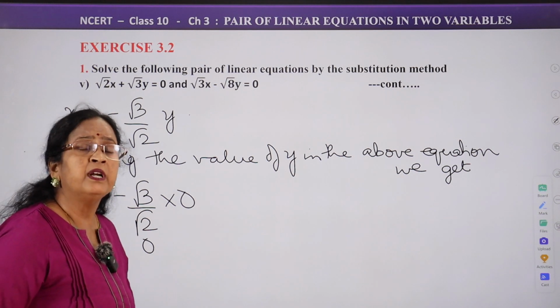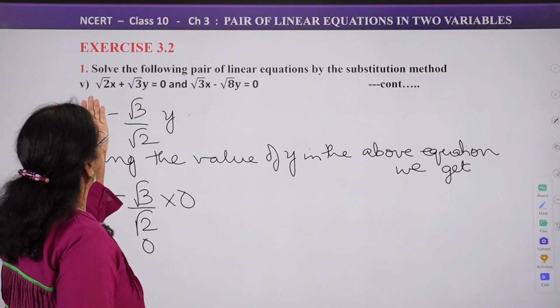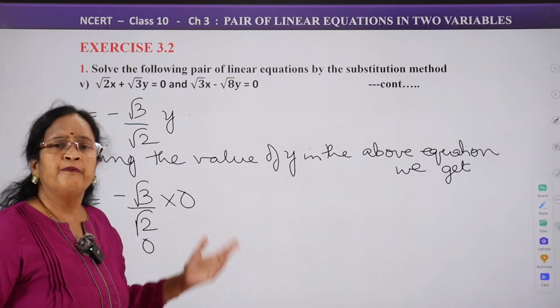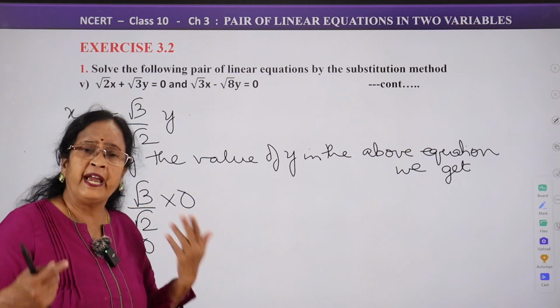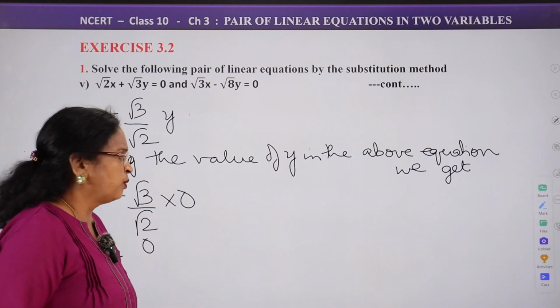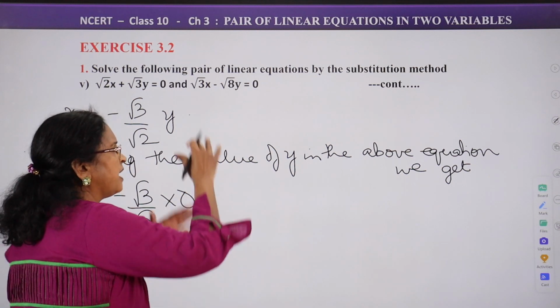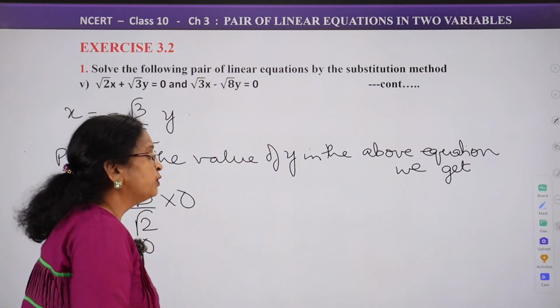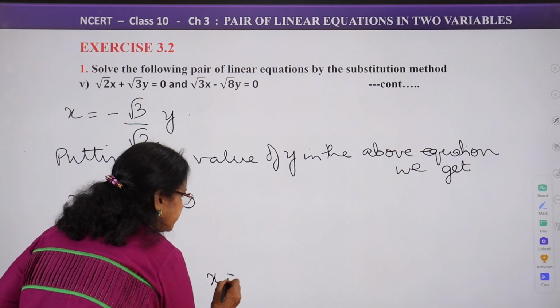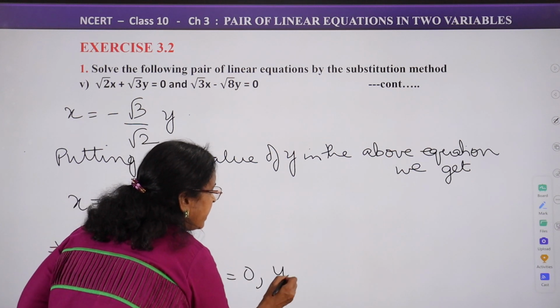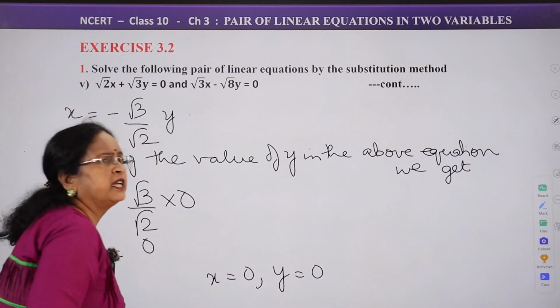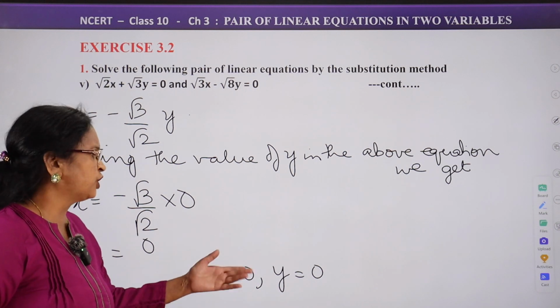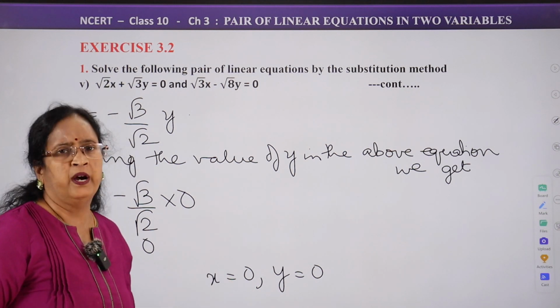So finally what did we get? Since the question says solve, solve means to find the value of x and y. Finally, you should write x is equal to 0, y is equal to 0. These are the solutions for x and y.